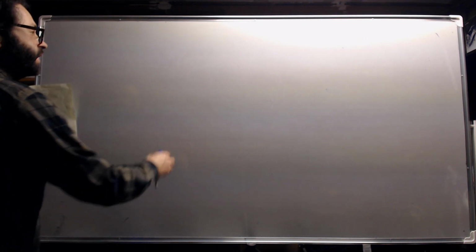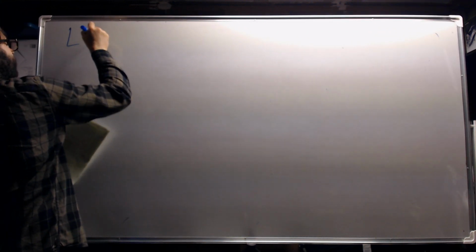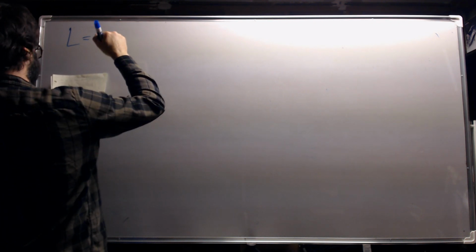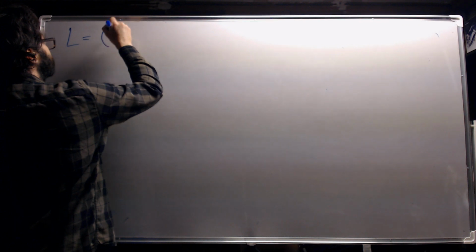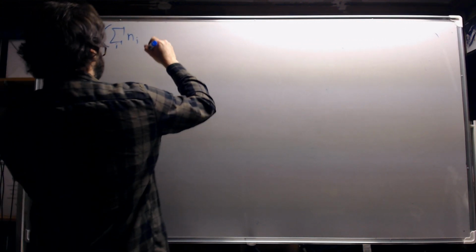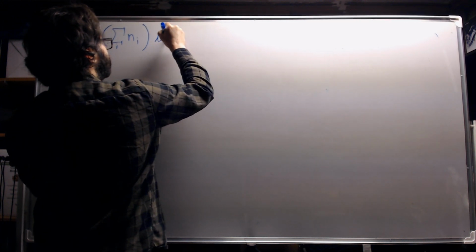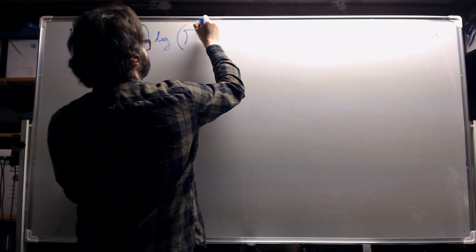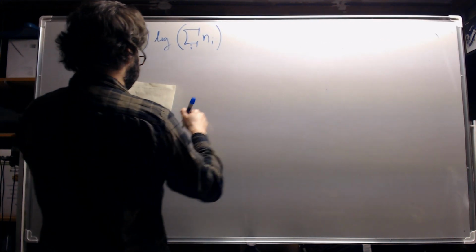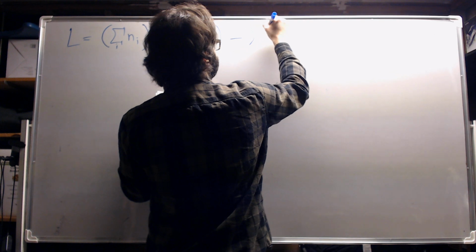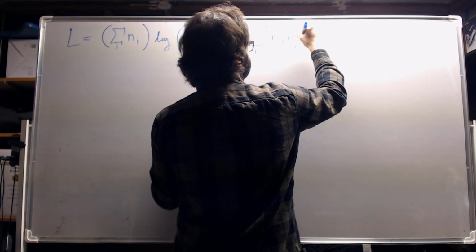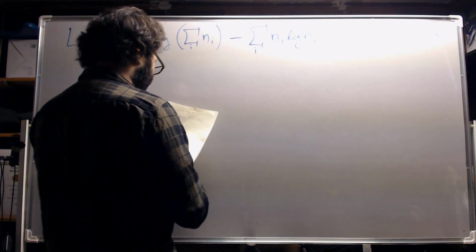Our function, once again, L now looks like sum on i, ni times log of sum on i, ni, minus sum on i, ni log ni.